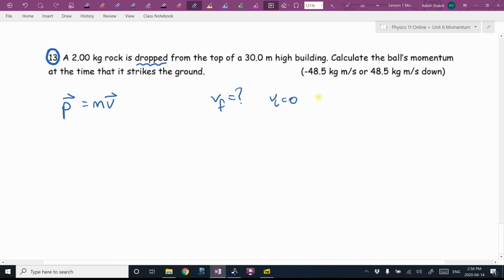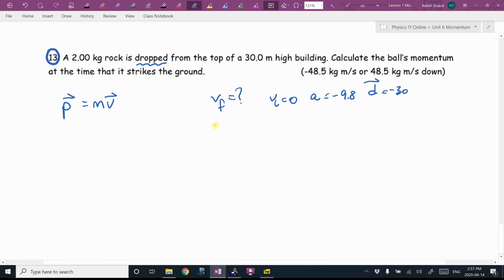VI is 0. I'm in free fall, so I know that A is negative 9.8. D is a displacement. D is negative 30, because I'm starting on the top of the building, I'm ending up below from where I started.